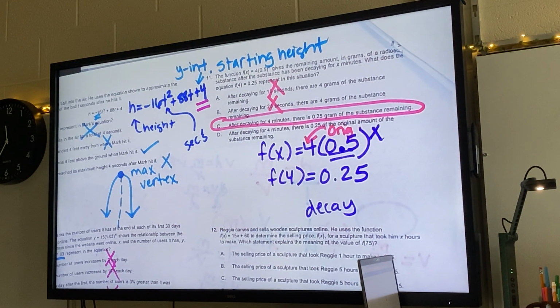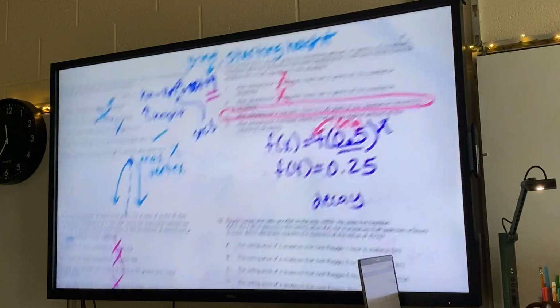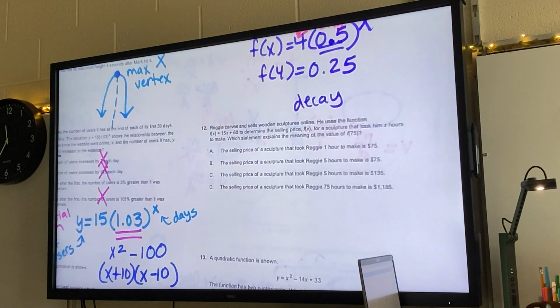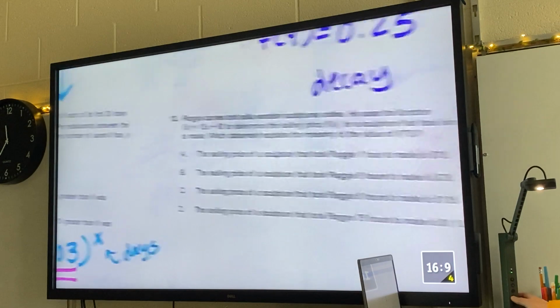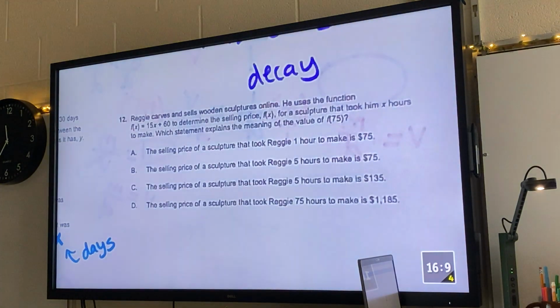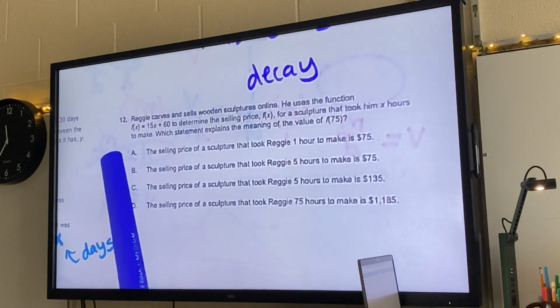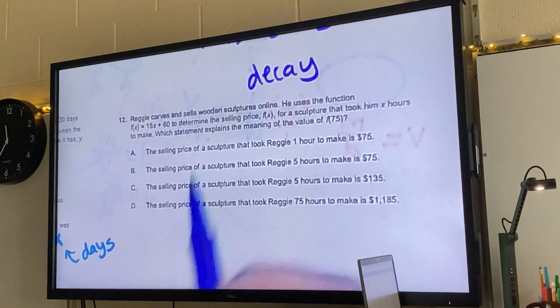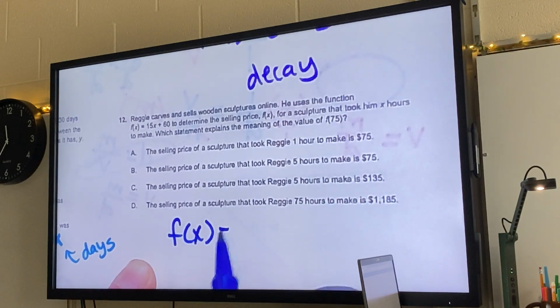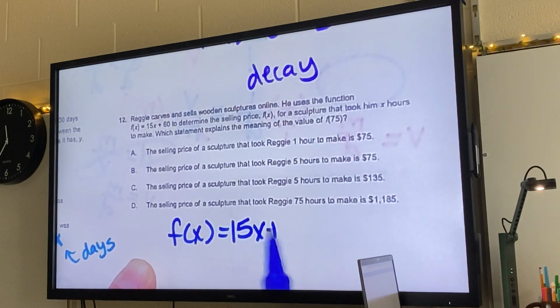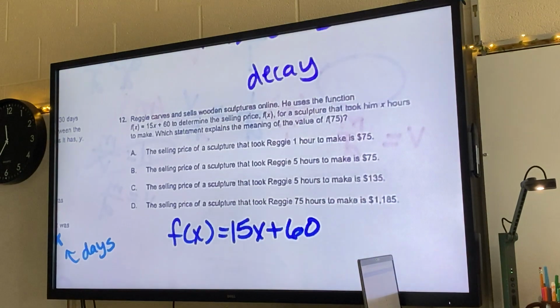All right, let's look at the next one. It says Reggie carves and sells wooden sculptures online. He uses the function f of x, let me write that down. F of x equals 15x plus 60 to determine the price.